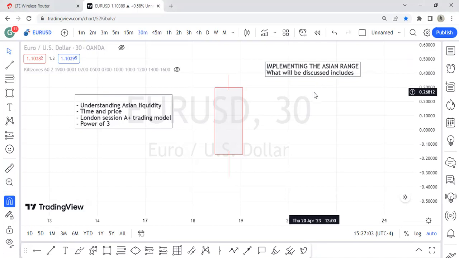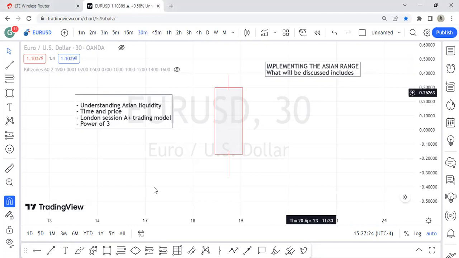So now let's talk about the Asian range. The Asian range denotes the high and low formed during a particular time period in the New York close hours. It's a time window in the New York close hours when the market is not actively running.